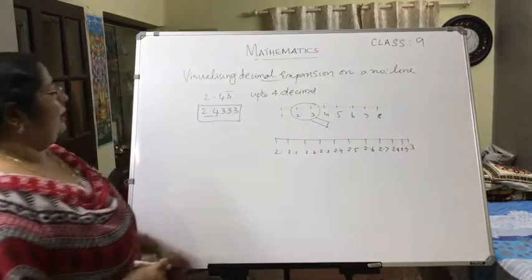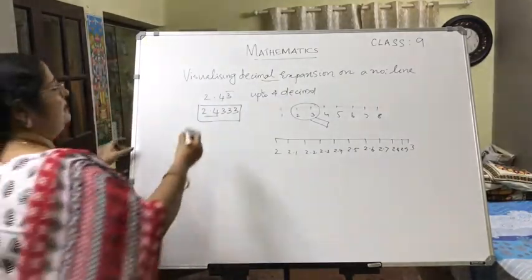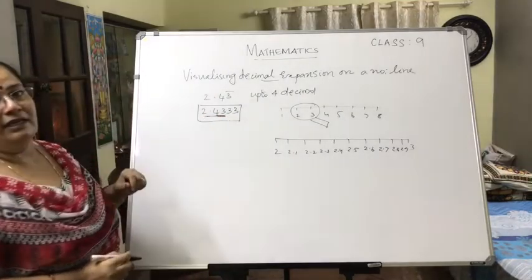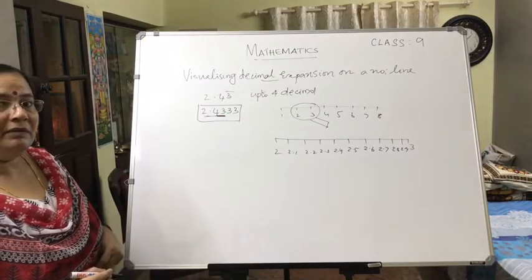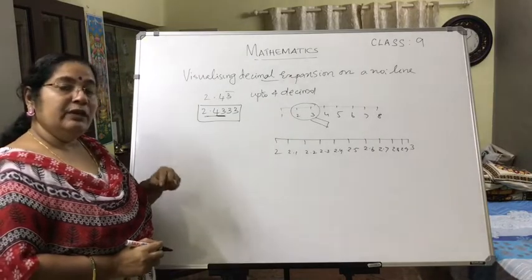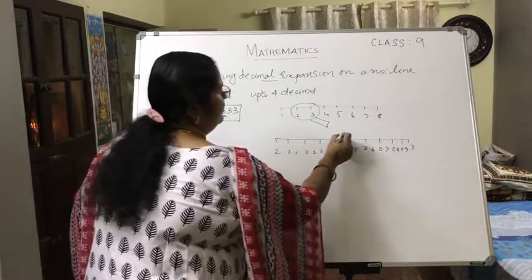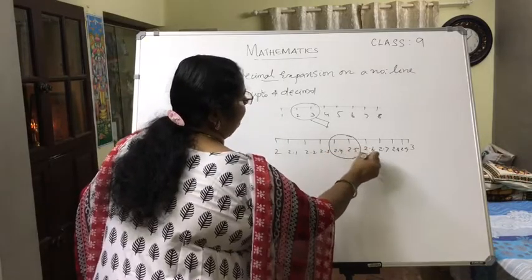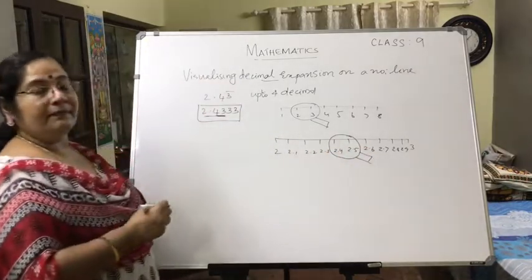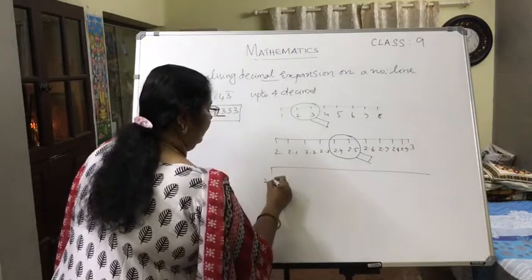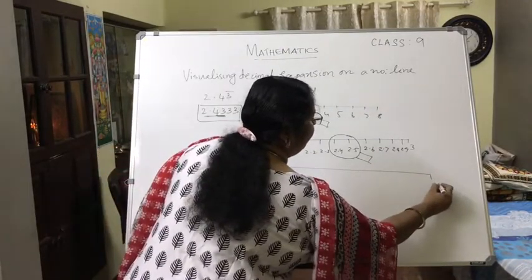Okay. Now you will see the next place. What is that? 2.43. So 2.43 will lie between 2.4 and 2.5. So this is our consideration. We are going to enlarge this, so you will be enlarging 2.4 and 2.5.